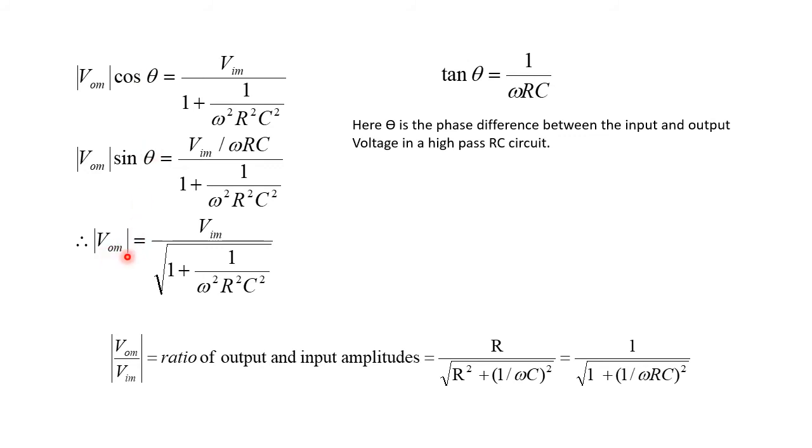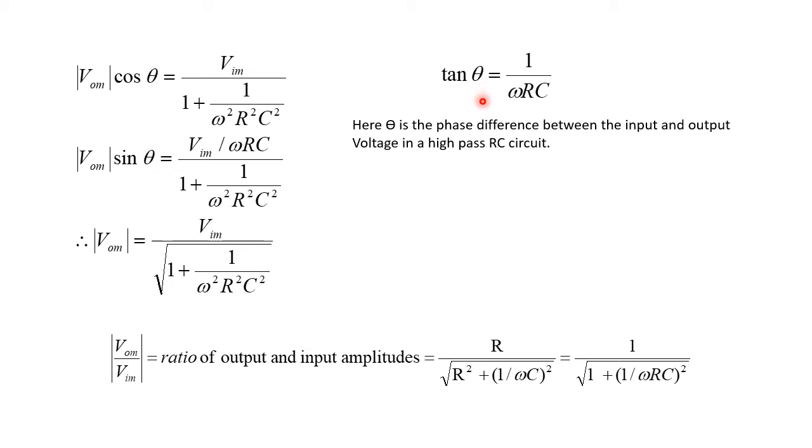This is the magnitude of the amplitude of the output voltage, which we obtain as Vim upon under root 1 plus 1 upon omega square R square C square. And by dividing the expression for Vom sin theta by Vom cos theta, we obtain the expression for tan theta, which is tan theta equal to 1 upon omega RC, where theta is the phase change introduced by the RC circuit.